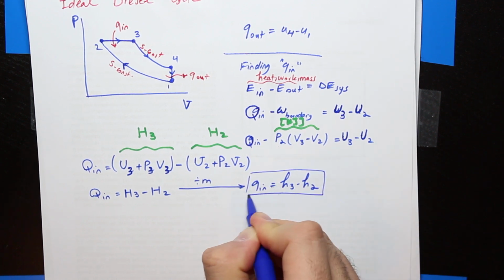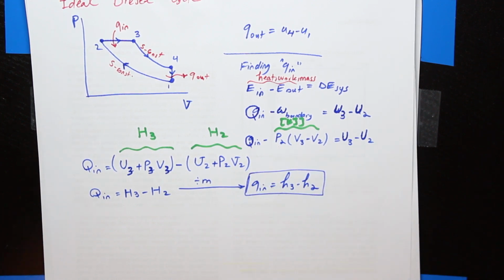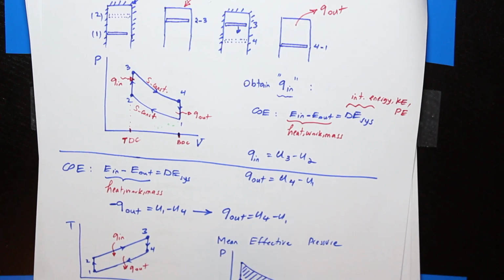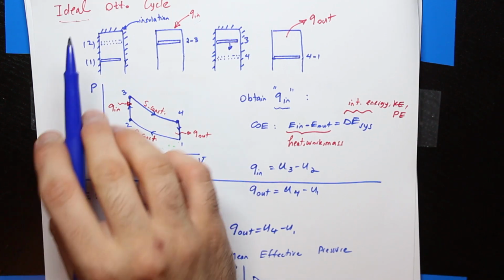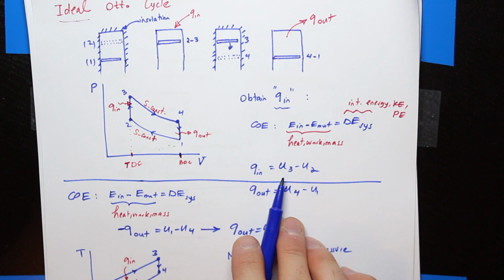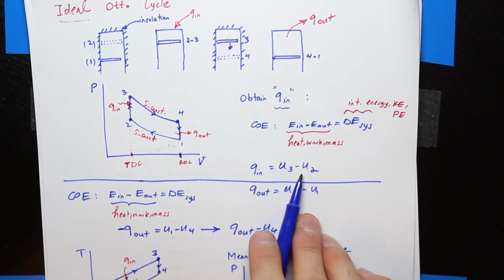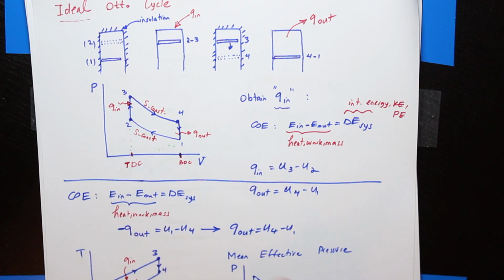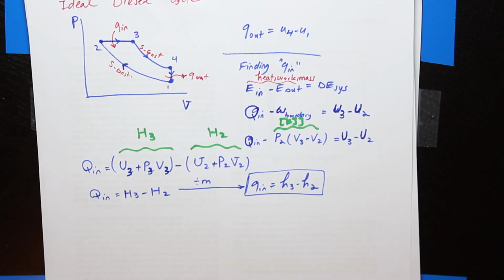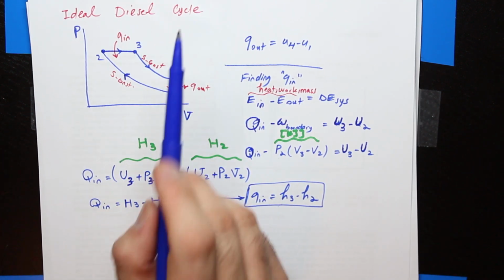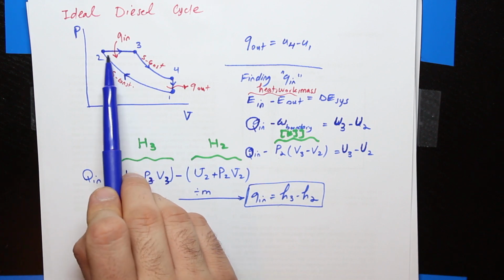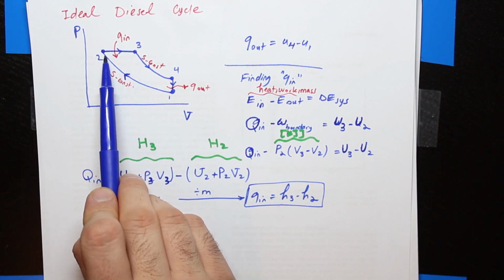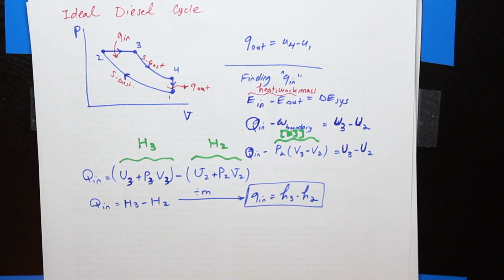This Q in is different from the Q in that we had back in the Otto cycle. In the Otto cycle, our Q in was the change in U simply because the heat addition was done in a constant volume process, so there was no boundary work. But speaking of the diesel cycle, the heat addition occurs in a constant pressure process, so there is boundary work because of the changing volume.